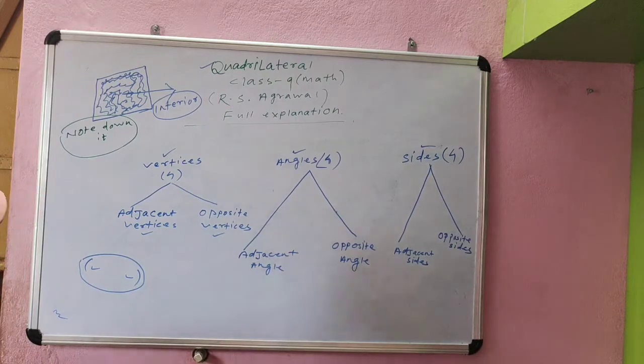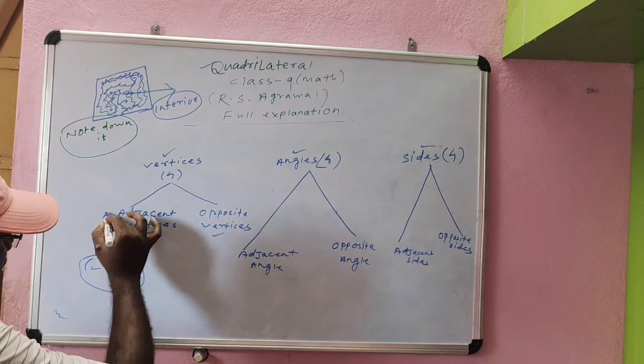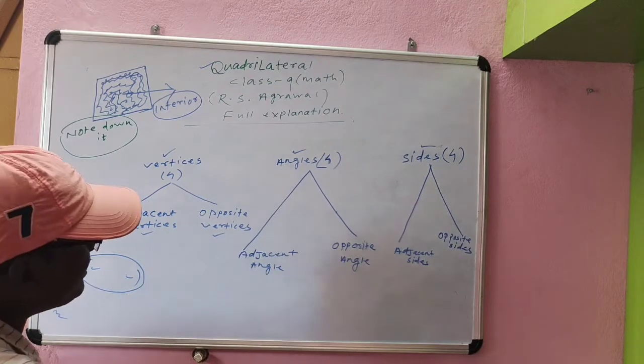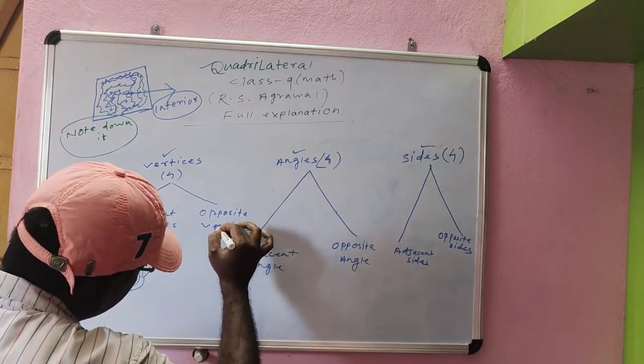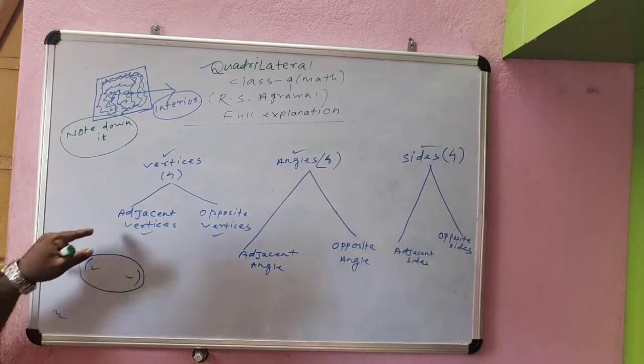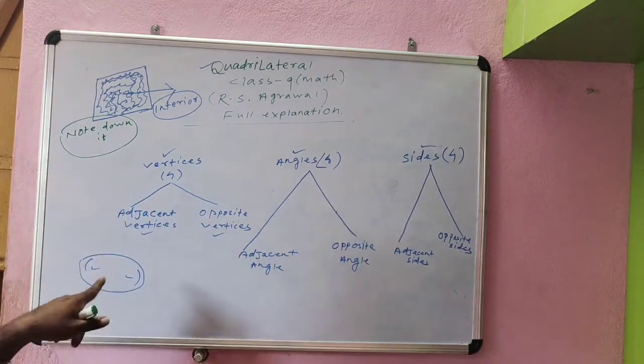So we have to know which vertices will go under this group in pairs and which vertices will go under this group in pairs. So take a screenshot.